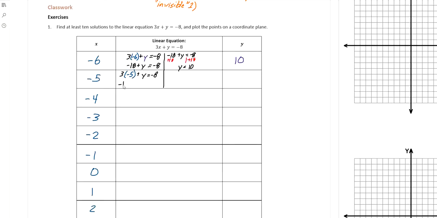I know that 3 times -5 gives me -15, plus y equals -8. I think, okay, what do I have to add to -15 to get to -8? That's going to be +7.